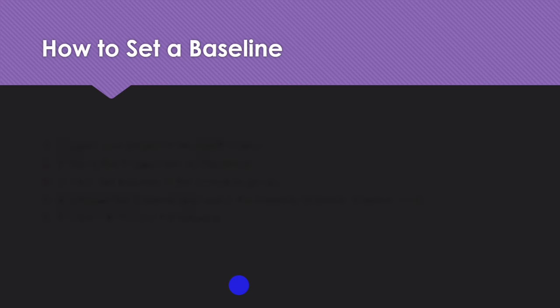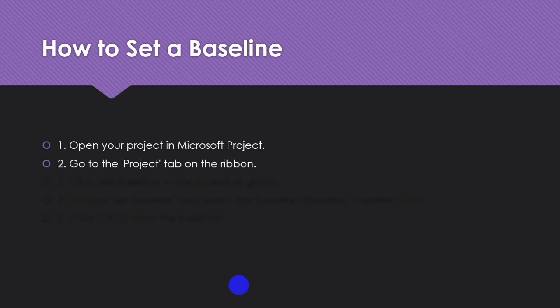Now, how do we set a baseline? So here's how to set it up in Microsoft Project. You open up your project file, navigate to the Project tab and select Baseline.